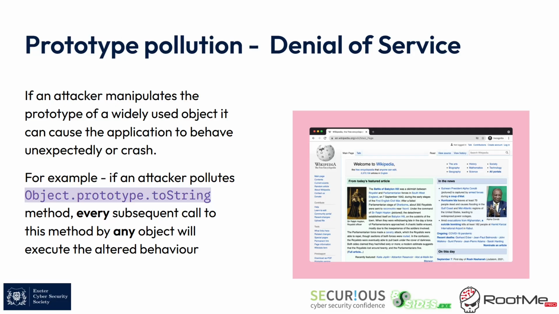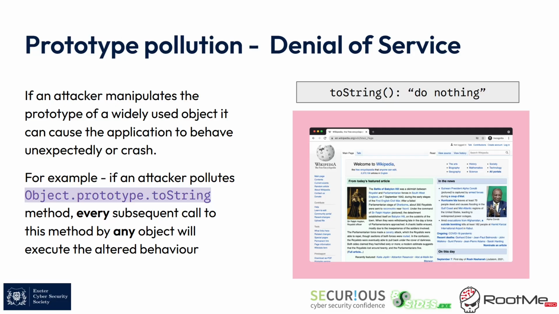So let's say, for example, an attacker pollutes the Object.prototype.toString method, and a lot of websites use the toString method to convert a data type from something that's not a string to a string. Every subsequent call to this method will execute the altered behavior. So let's say I changed toString to do nothing. So it's not a function anymore.